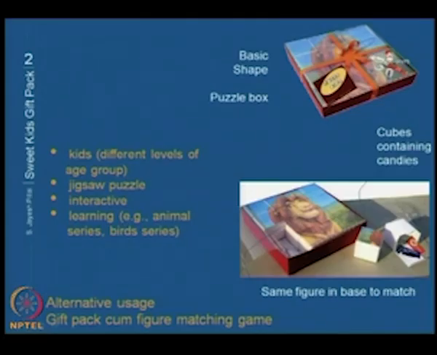The basic thing is that a gift packet will be like this way, where small cubes having 3 lozenges form cubes. One side of this may have a specific figure, and the bottom will have the same figure.